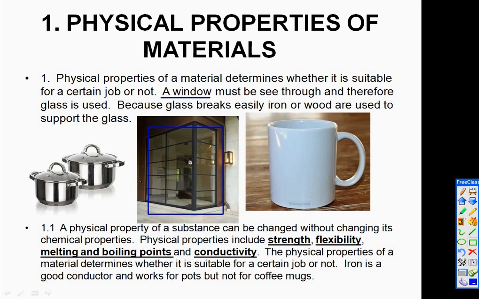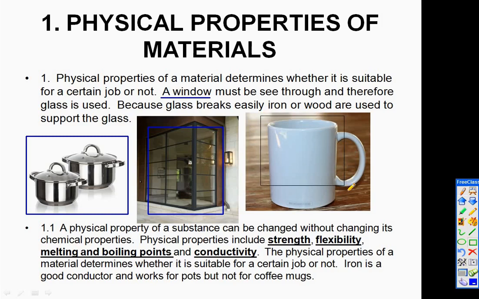If I look, for example, at the pots on this side, we know that the physical property of metal pots is that they can conduct heat, and that is why I can cook my food in metal pots. The physical property of ceramic is that it can insulate heat. That's why we make coffee cups from ceramic, so that they insulate the heat on the inside from my hands on the outside.